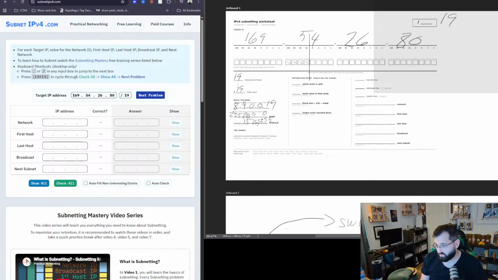15. Okay. The octet in question is octet 2. Mask value in that octet. You are in the wrong octet for /19. Oh, you're right. I miscounted. 8, 9, 10, 11, 12, 13, 14, 15, 16, 17, 18, 19.